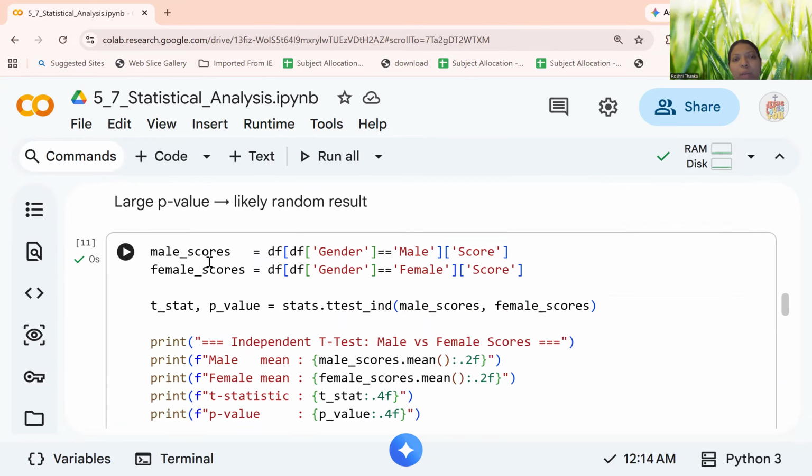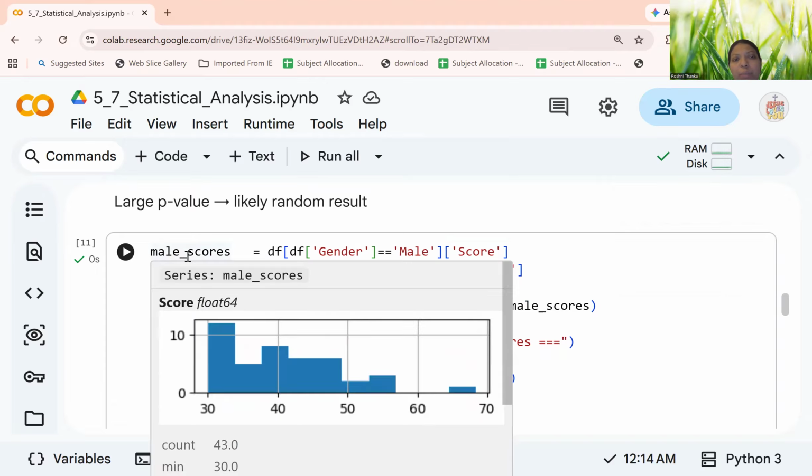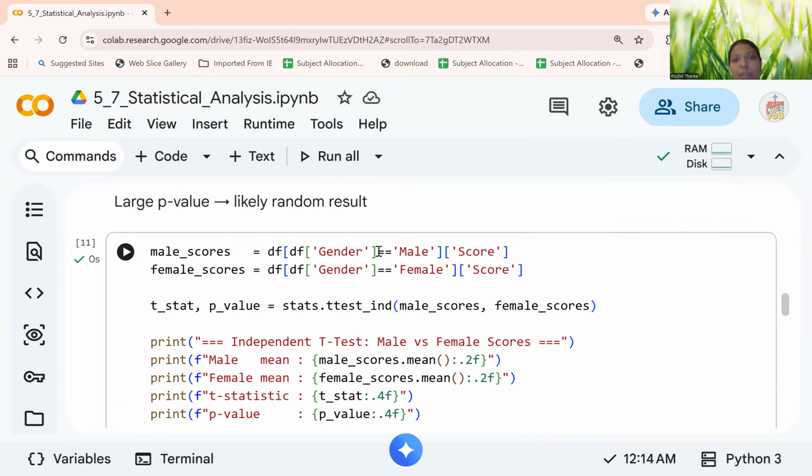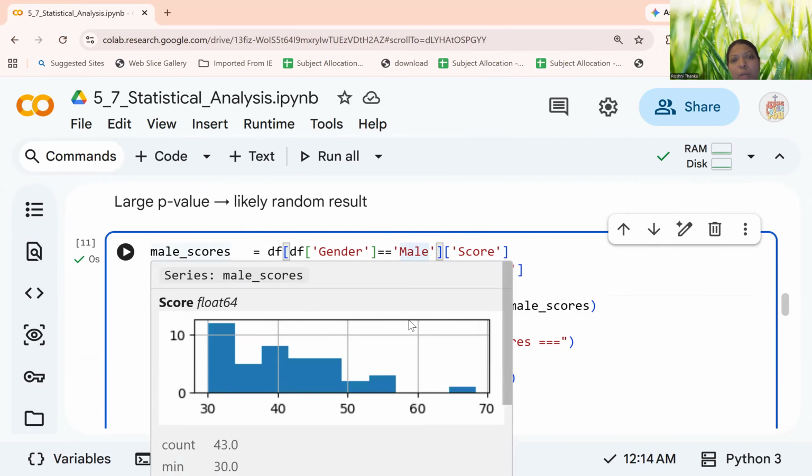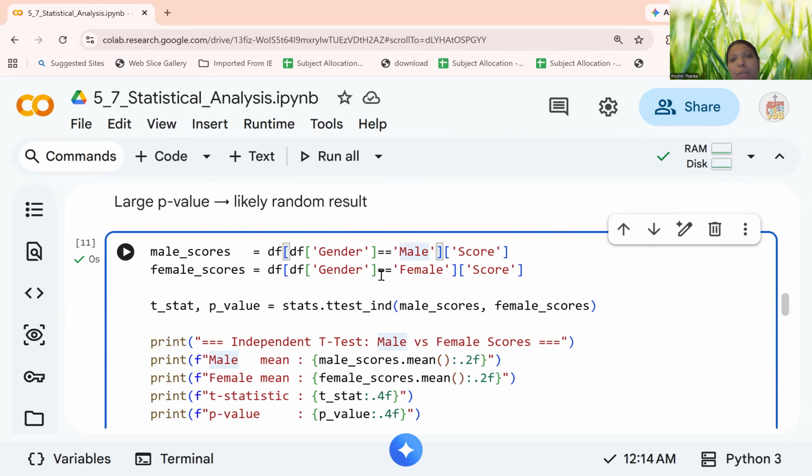What we are going to do is get two data frames, the male score as well as the female score. From the data frame, we take the gender as male, and for that male we get the score and store it in male score. Similarly, from the data frame we take the female values, and for the female values we take the scores and store them in female score.